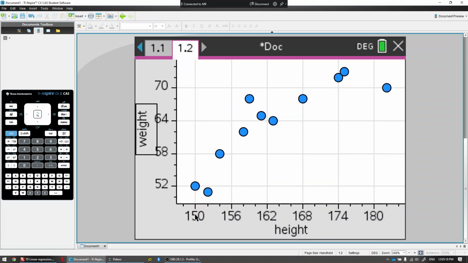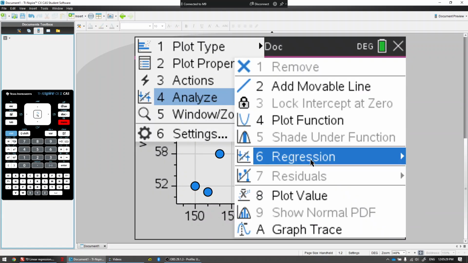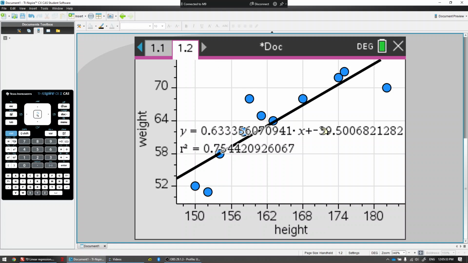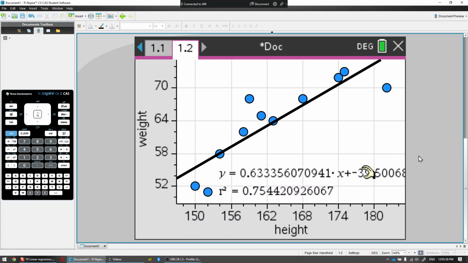The data doesn't look exactly straight, but the simplest model that we could possibly fit is a straight line. So that's our starting point. We can fit it here as well. Menu, analyze, regression, show linear. There's my equation. Those numbers should look familiar because we just calculated them.